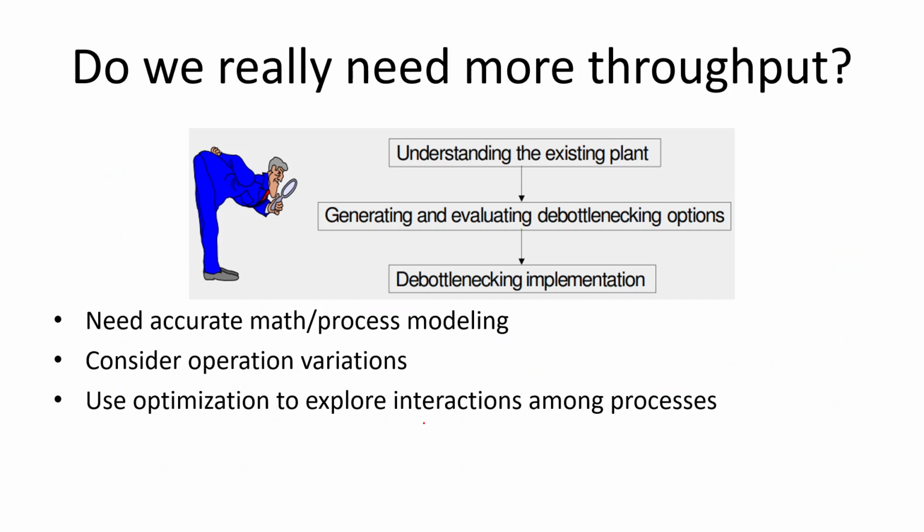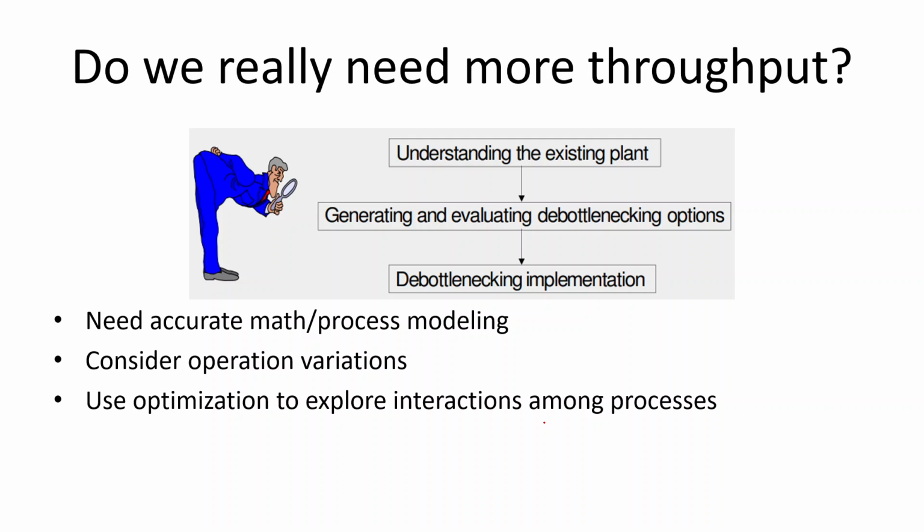But then what is the smarter way of doing that? A smarter way of doing that, we simply go back to your Excel file, right? So we need to understand the existing plant. Understanding the existing plant means we understand the mass balance around the plant. You know how the oil flows, the hydrogen, energy, and so on and so forth. You have that Excel mass balance and then the process simulation mass balance model.